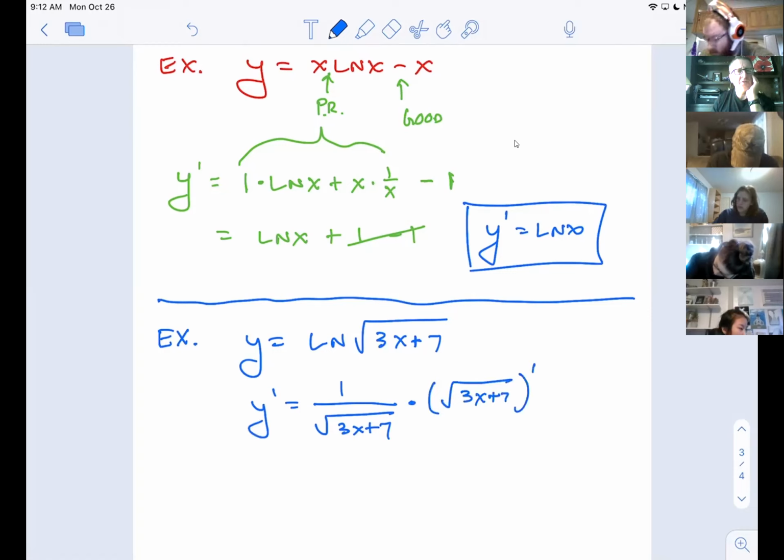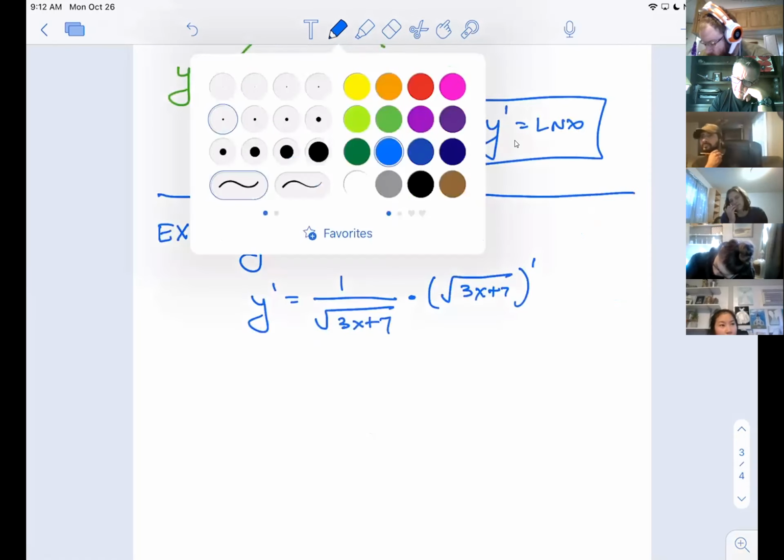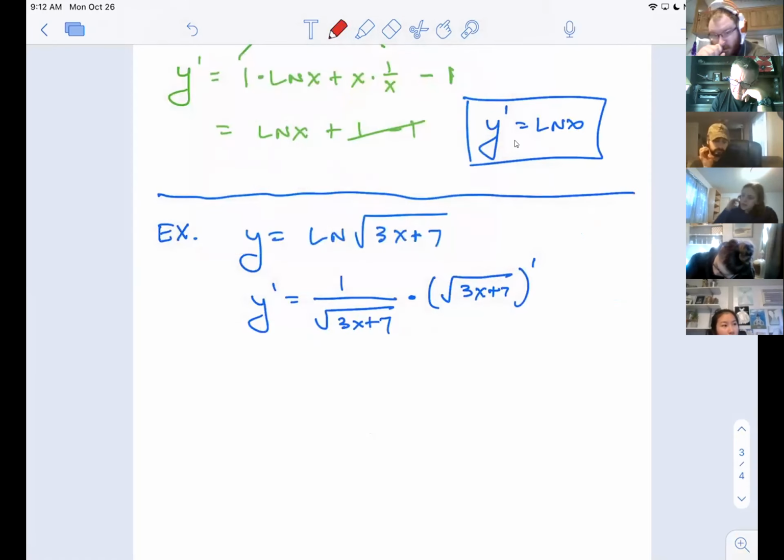Well, it's kind of its own problem. Let's see, what is the derivative, for practice from before, of the square root of 3x plus 7? Well, that's the same, as you know, as 3x plus 7 to the 1/2 power. So its derivative, oh, that's just power rule.